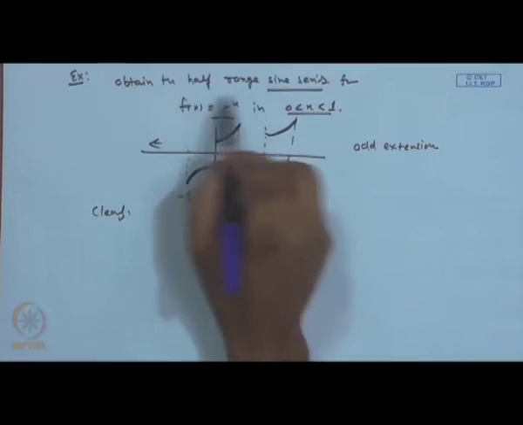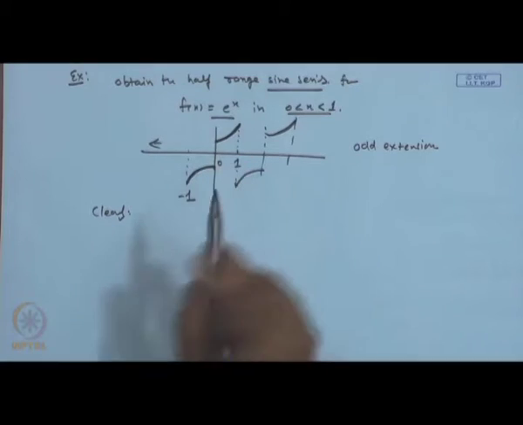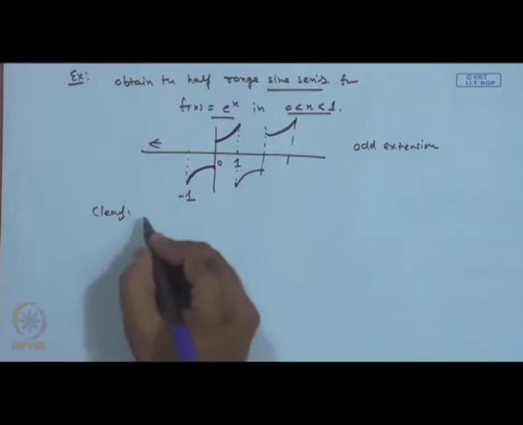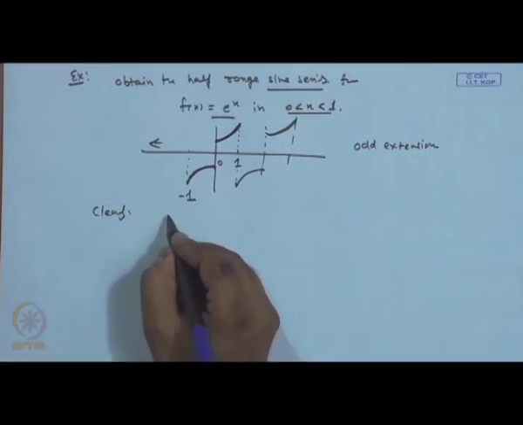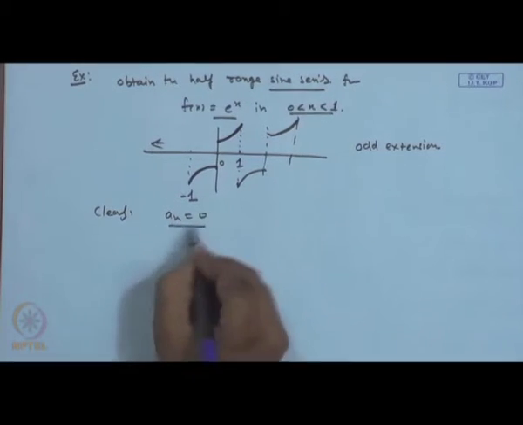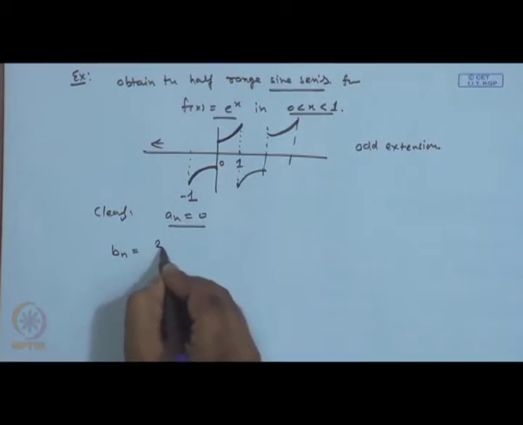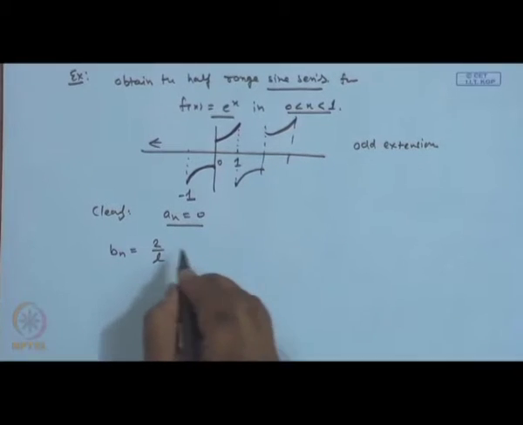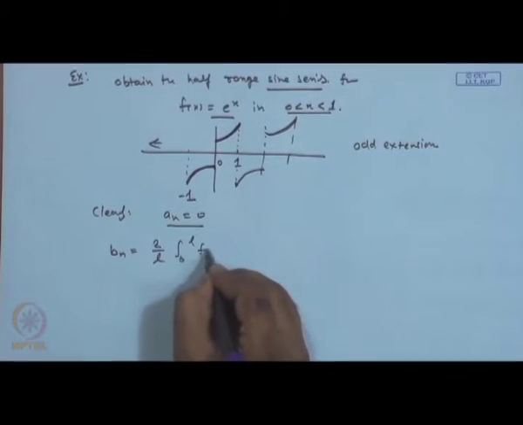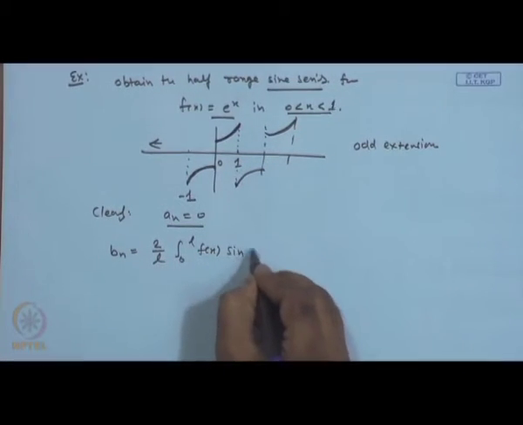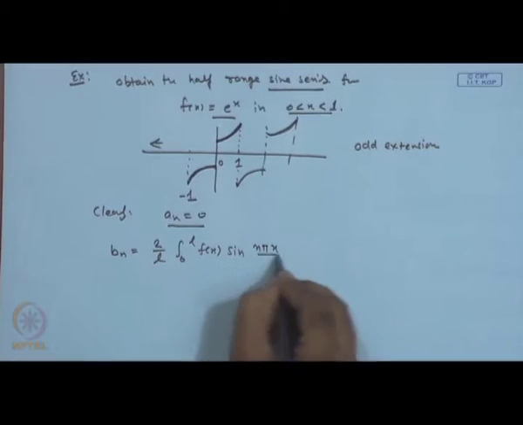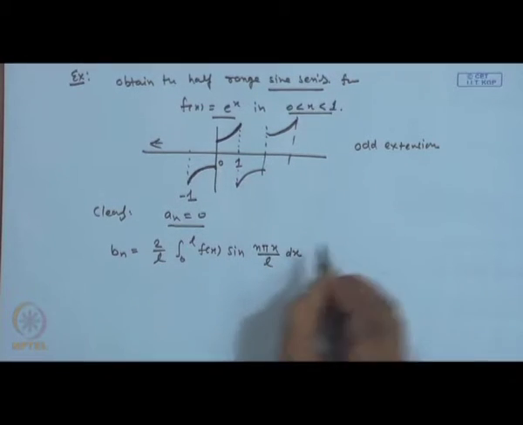If you wanted the cosine series, you would have extended as an even function. In this case, since this is the odd extension, the a_n's will be 0, and b_n we can get as 2 over L, integral 0 to L, f(x) sin(n pi x over L) dx.